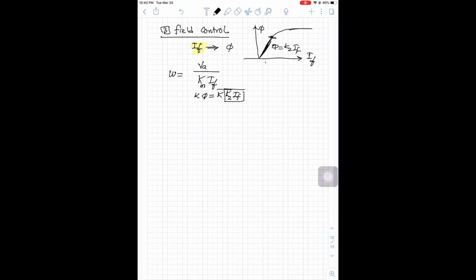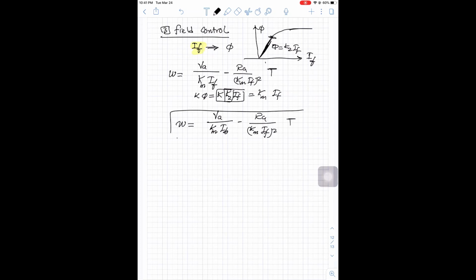Then we can take K2 K and name this K motor IF. So instead of writing K phi, we can write it as K motor IF minus RA divided by K motor IF squared multiplied by T. So this will be our torque speed characteristic: omega equal to VA divided by K motor IF minus RA divided by K motor IF all squared multiplied by T.